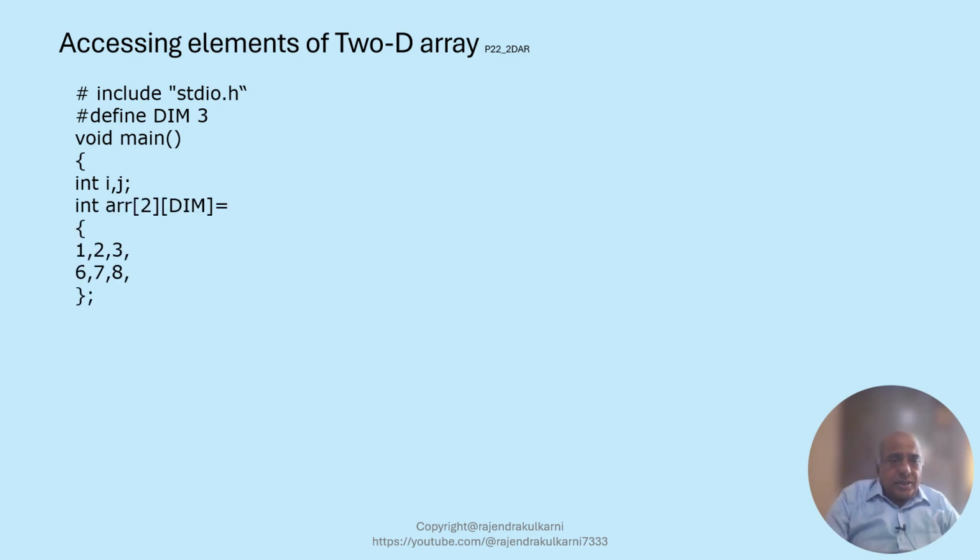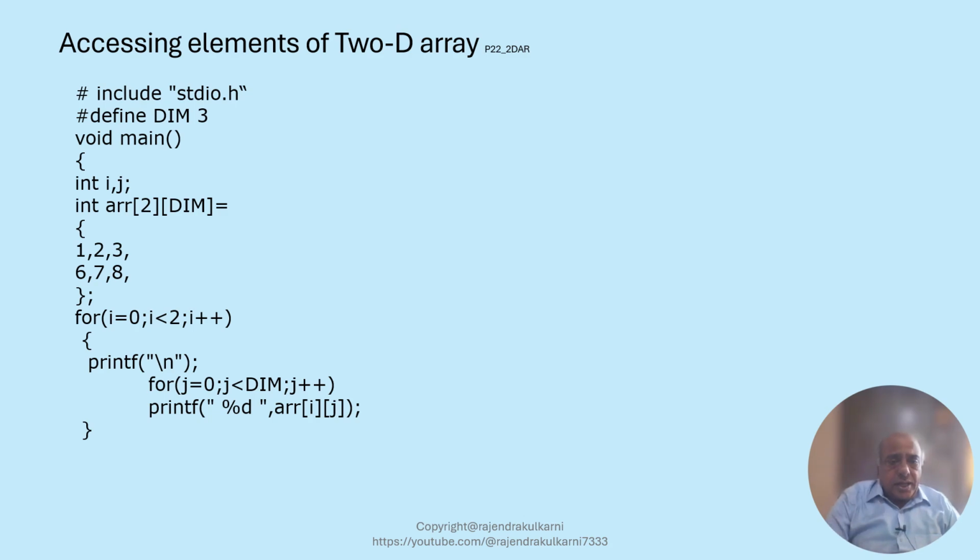Then we have declared and initialized a 2D array named ARR of type int and having dimensions 2, as the number of 1D arrays which are the elements of this ARR, and dim, which is 3. Each 1D array is having dimension 3.